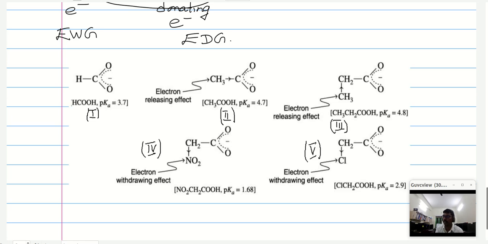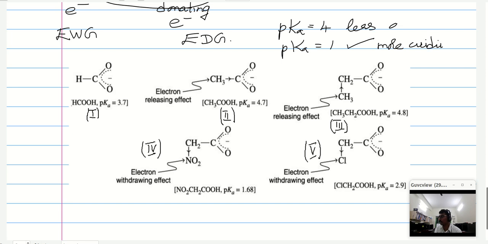Now let's compare the acidities. Before we begin, let me just refresh this. So if a molecule has, for example, 4 as the pKa, and another molecule has a pKa of, let's say 1, we say that this is more acidic and this is less acidic.